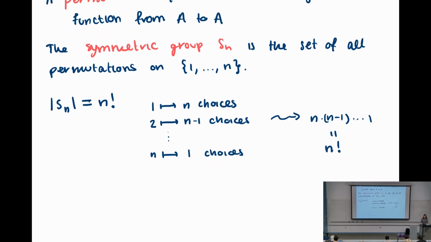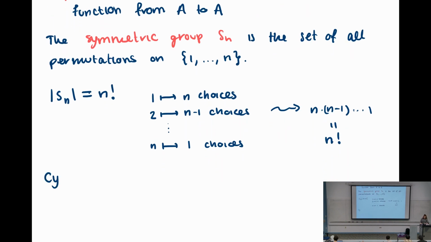Okay, so now I'm going to introduce cycle notation. How do we specify a permutation? Well, one way would be to just say what the permutation does to each element.